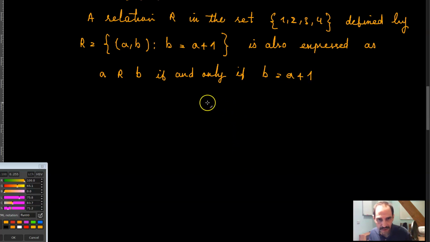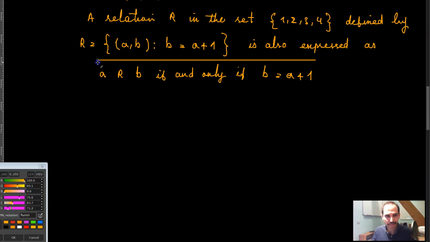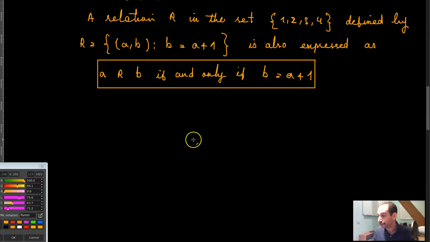So instead of writing R is equal to the set of all ordered pairs (a, b) such that b is equal to a plus 1, you write a, some space, R, some space, b if and only if b is equal to a plus 1. Some authors use this notation for this situation.